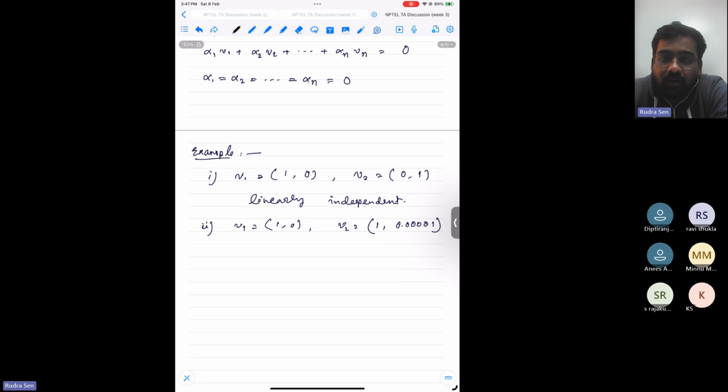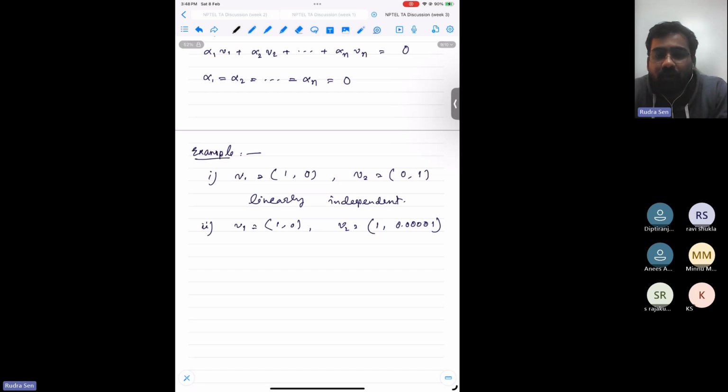Can anyone answer this question? In this question number 2, v1 is (1, 0) and v2 is (1, 0.00001). Since I'm just talking about R2 space, you can say this by seeing these two vectors. There is no need to go for calculation.